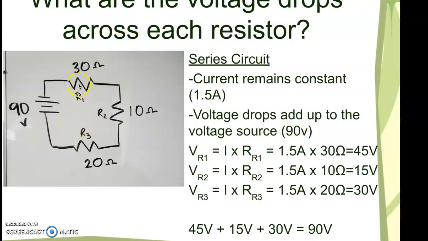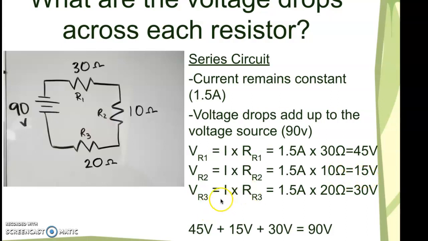So focusing on this location here, the voltage drop at the first resistor is going to be our current times the resistance at that spot. 1.5 amps times the 30 ohms gives us 45 volts. The second one, we do the same thing, again, constant 1.5 amps times the resistor value there, 10, gives us 15 volts.